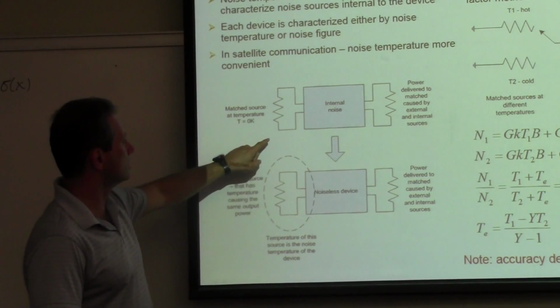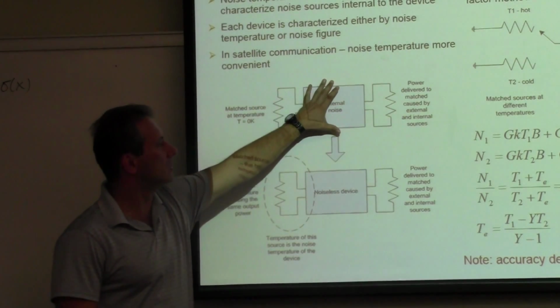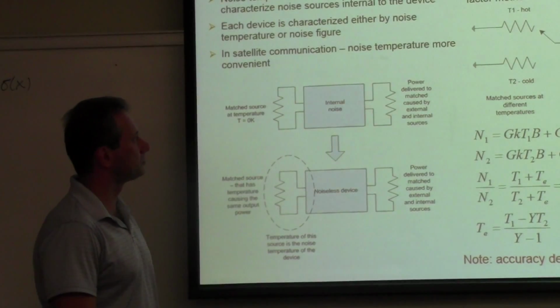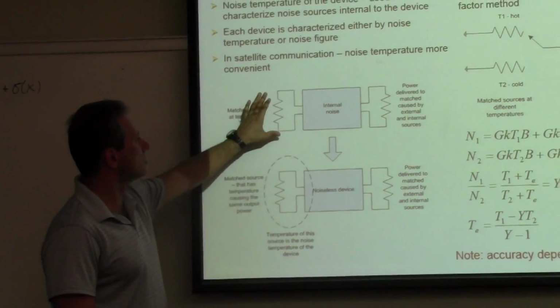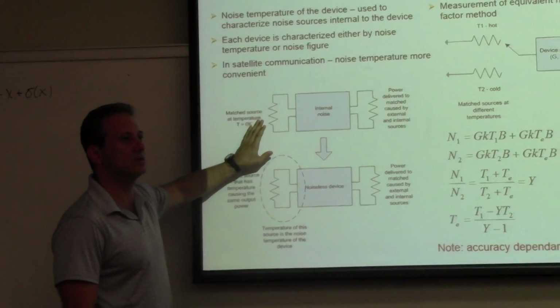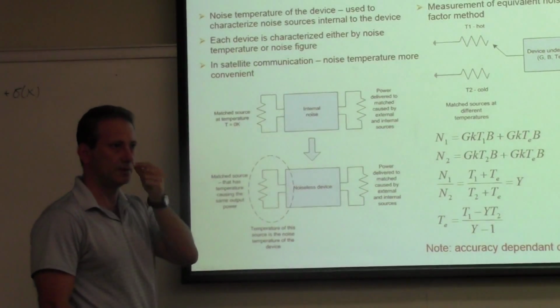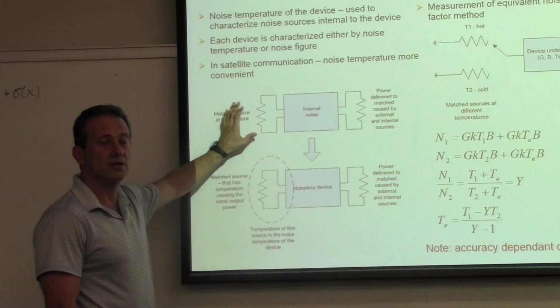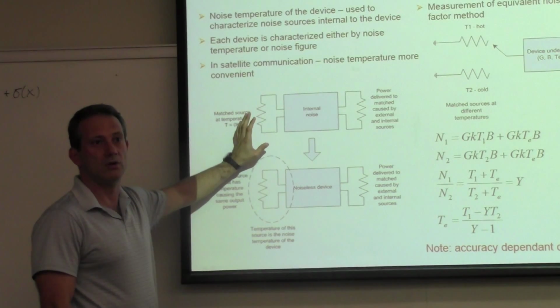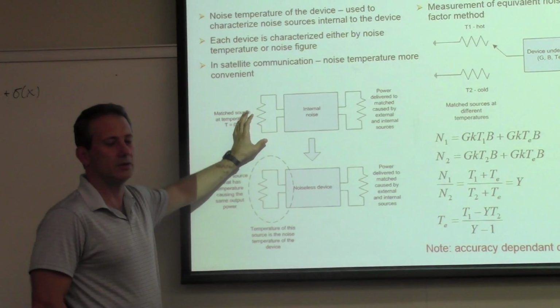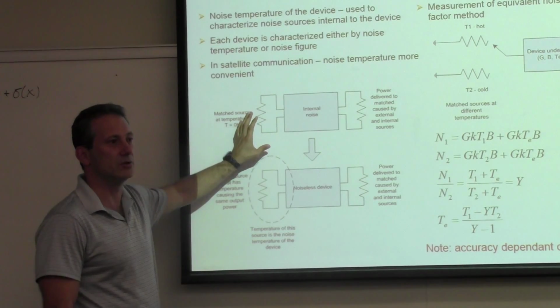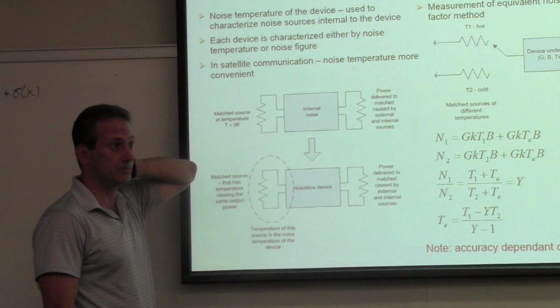So imagine you have your device under consideration and you're looking at some source which, for the sake of this experiment, you put at 0 Kelvin. That means this source causes no noise. It's completely noise-free, because it's at 0 temperature.